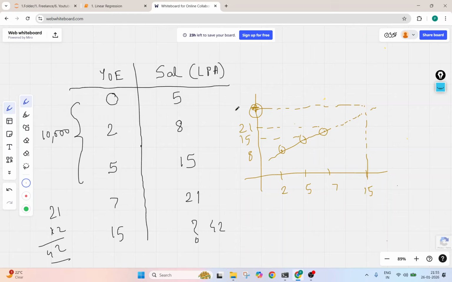The corresponding y value came out to be, let's say, 50. So for 15 years of experience, I'm getting 50 LPA as the salary. If you feel this is a very good way of prediction, this is all about linear regression. This is the geometric intuition about linear regression.